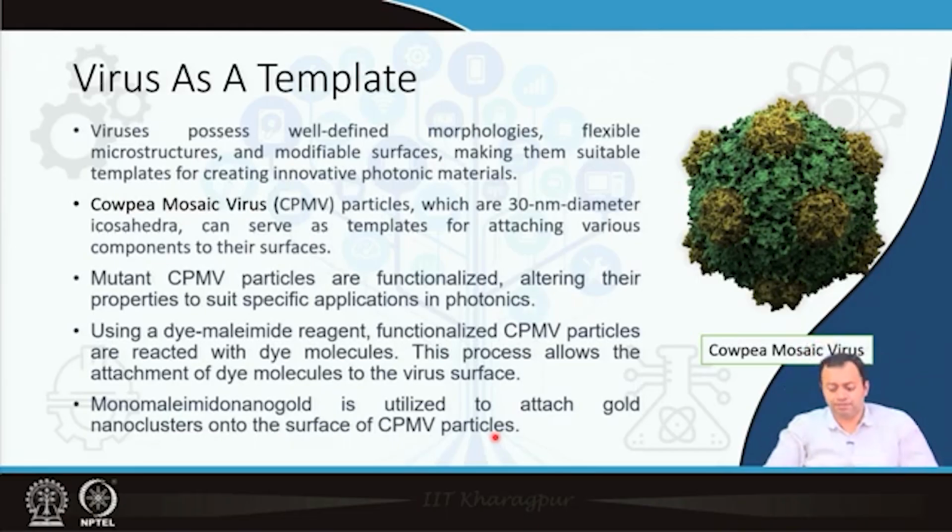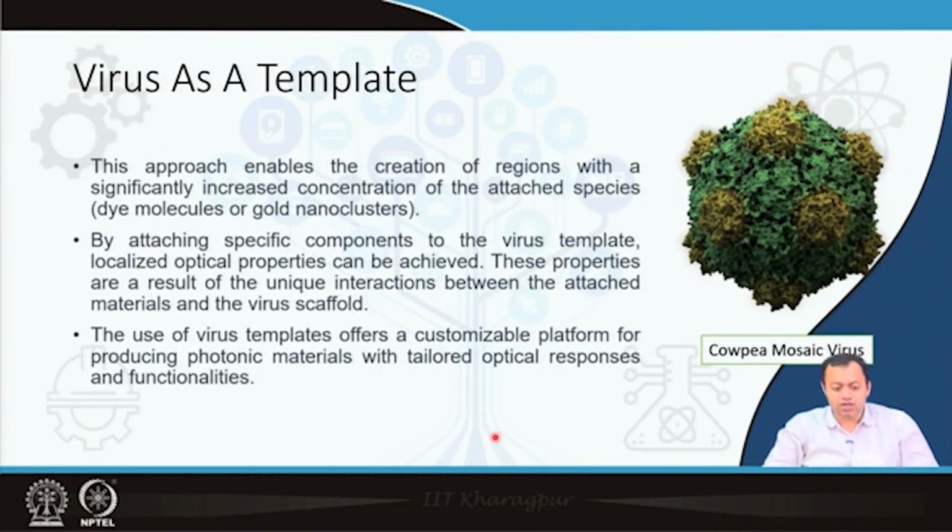Simply copy it, right. So, this approach enables the creation of regions with a significantly increased concentration of attached species. By attaching specific components to the virus template, localized optical properties can be achieved, and the virus template can be utilized for tailored optical response and functionalities.